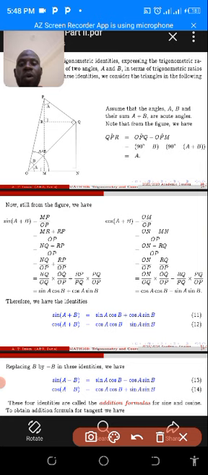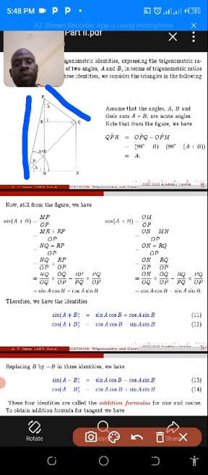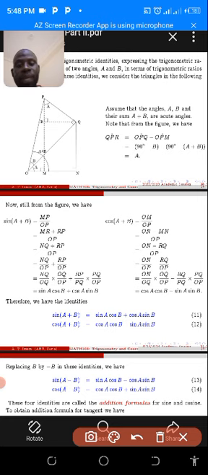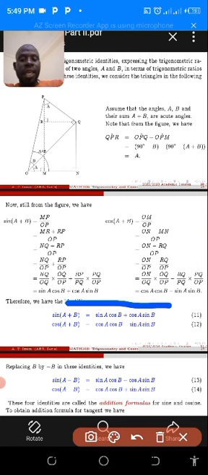Look at the line PQ over OP. This is OP. So this is opposite to B over the hypotenuse, and that equals sine B. And that is why you have here sine A cos B plus cos A sine B, and that is the sine function of the angles A plus B.